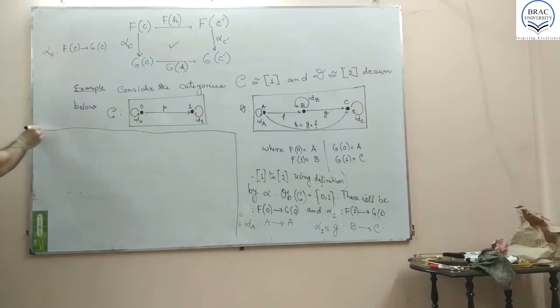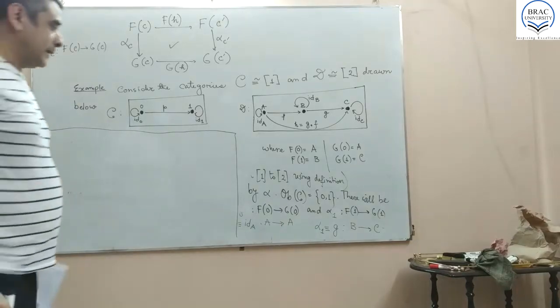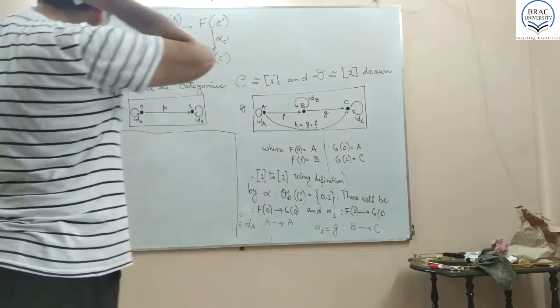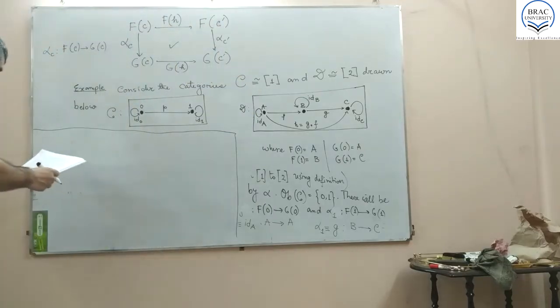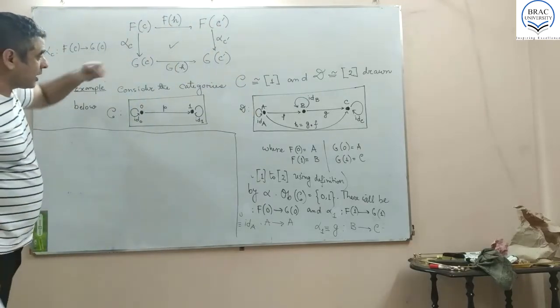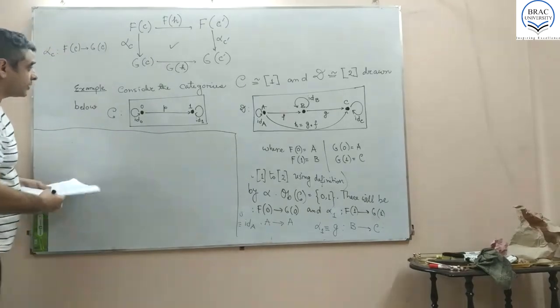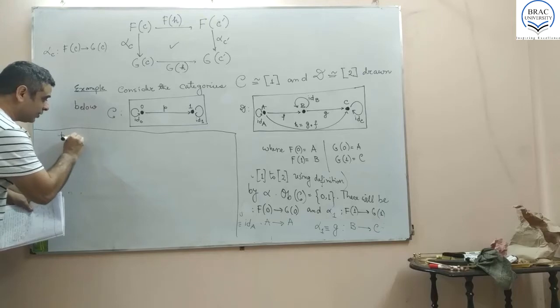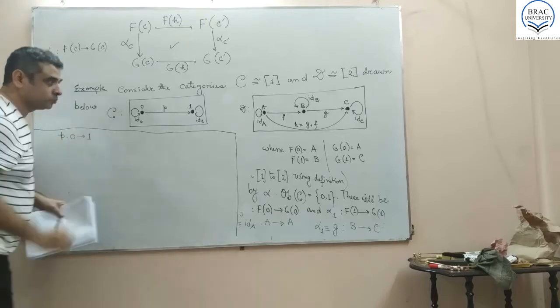Create a little bit of room here for myself. So now I'm supposed to draw naturality squares associated with one of the morphisms in this category. Let's take the morphism P from 0 to 1.